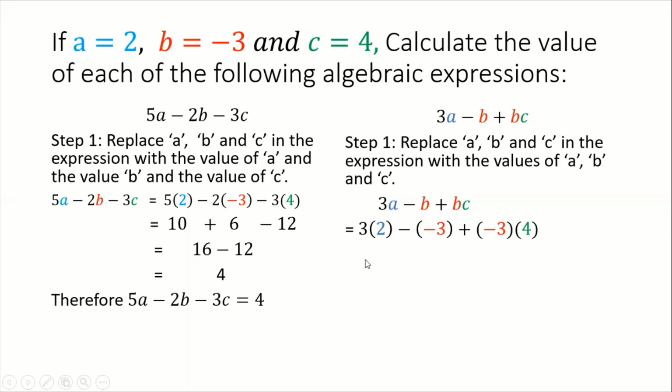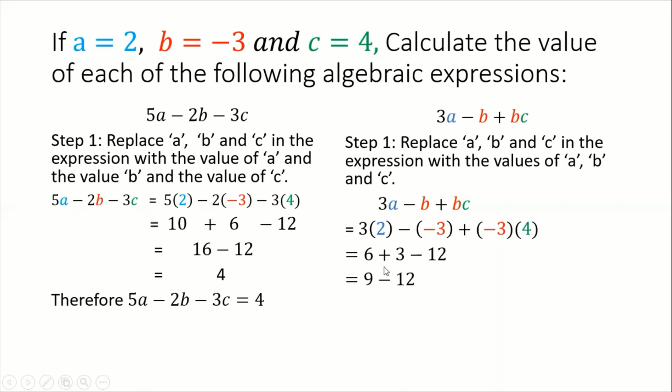So at this stage, you can simplify. So when you simplify, note that 3 times 2 is 6. Negative times a negative 3 is going to give us a plus 3. And here, negative 3 times 4 is going to give us negative 12. Then you simplify from left to right. So we can combine 6 and 3.